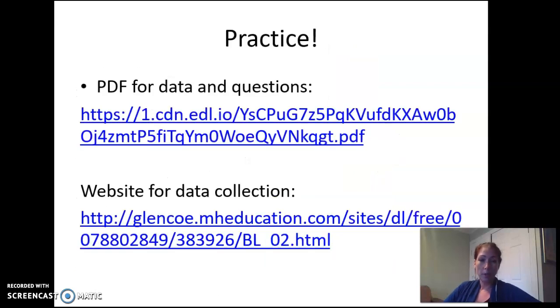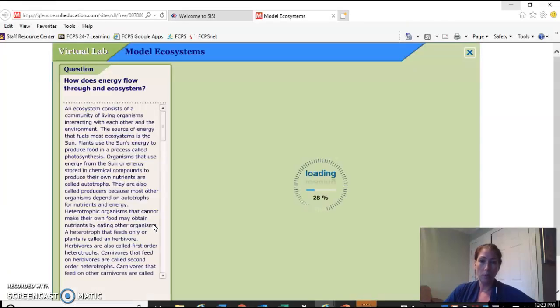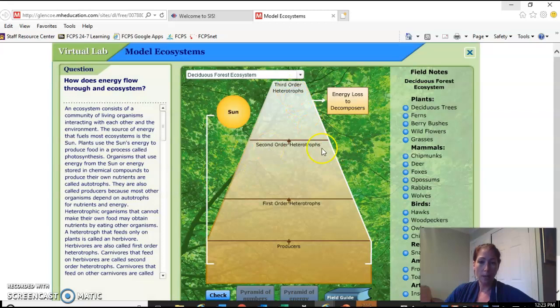So this might be a good idea for you to practice a little bit, to play around with this 10% rule, being able to place things appropriately on a food web. So I've got a website here, and I'll pull this up in a second to show you. And there's also a PDF, and I'll post this on our Google Classroom. But what this will do is allow you to play around with our food pyramids.